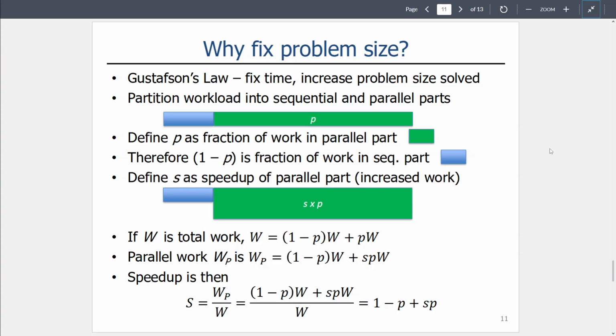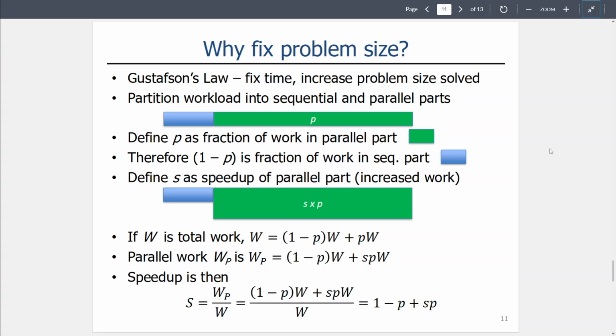So if W is the total amount of work, we can define that as the amount of work done in the sequential part plus the amount of work done in the parallel part. That's for the sequential algorithm. For the parallel algorithm, we then have that factor of S, that's our speed up factor, coming into play.